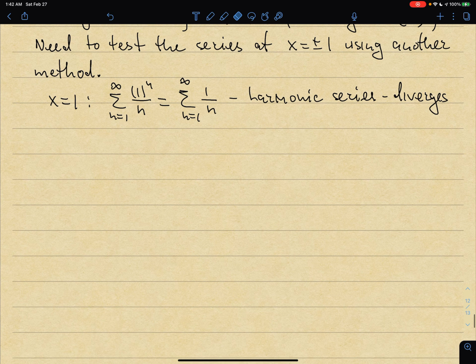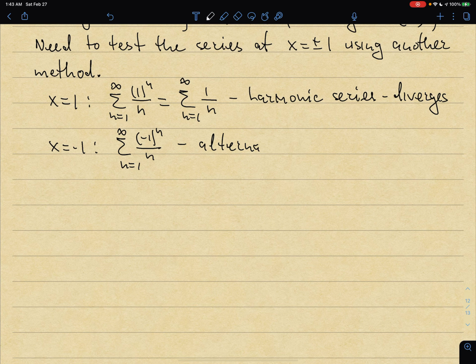What about x equal to minus 1? If x is equal to minus 1, then we have the sum from n equals 1 to infinity of minus 1 to the n over n. And what is that? That's an alternating series. When does the alternating series converge?